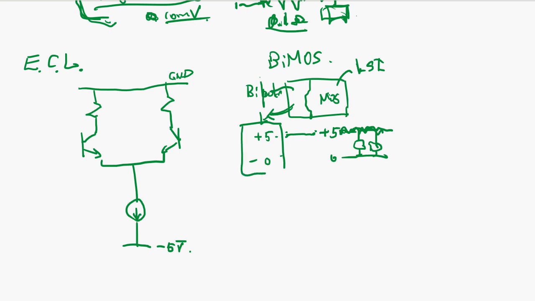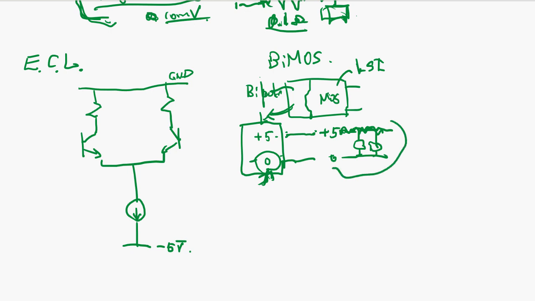this side is affected. So we have to keep these power lines in the BiMOS separate, the logic side and the high-speed logic side. Or if analog, you may have to separate this too, because with analog you don't want noise coming in.